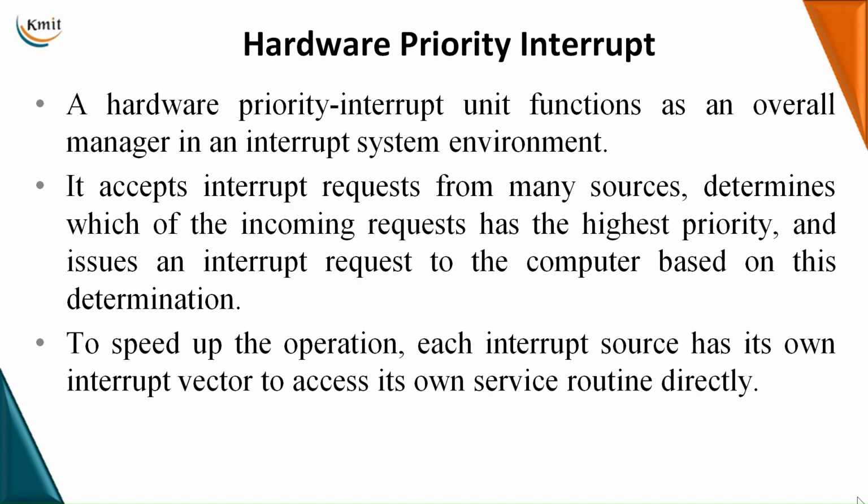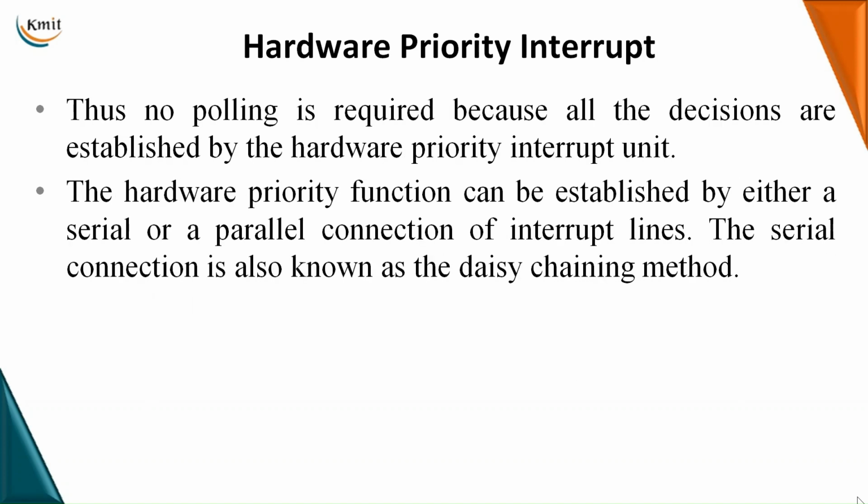To speed up the operation, each interrupt source has its own vector address in order to access its interrupt service routine. So here we don't require any polling mechanism, because all the decisions are made by the hardware, which is the hardware priority interrupt unit.